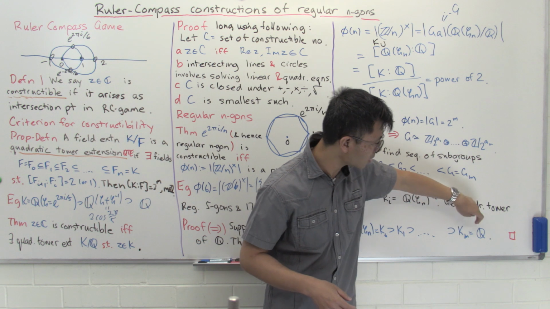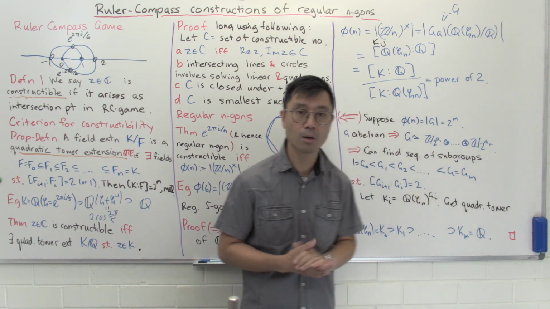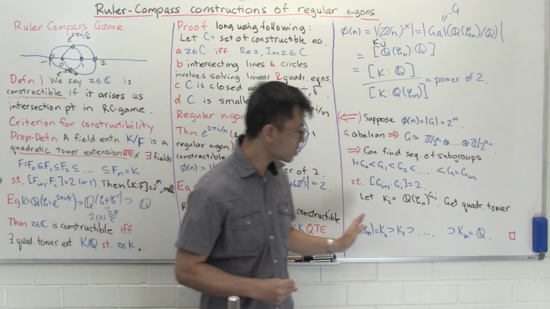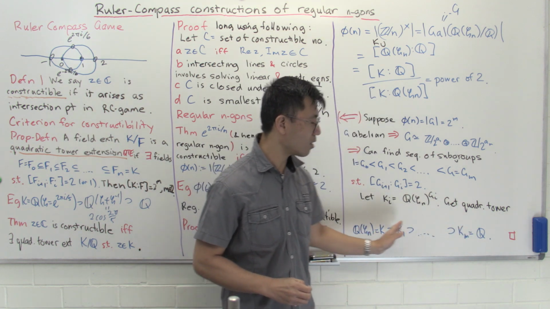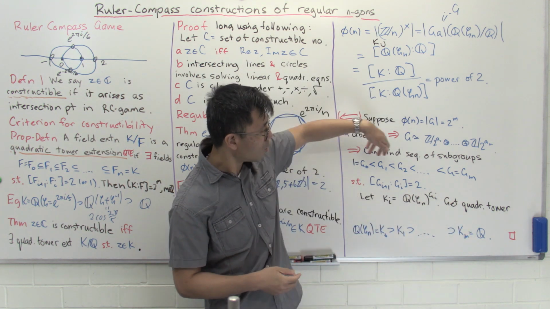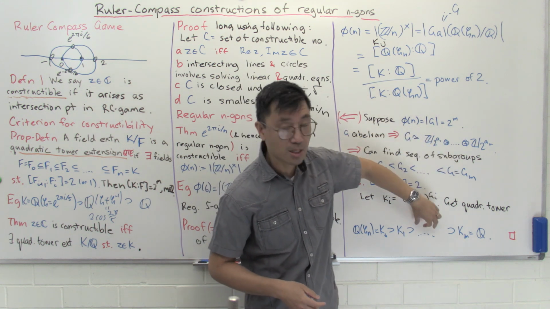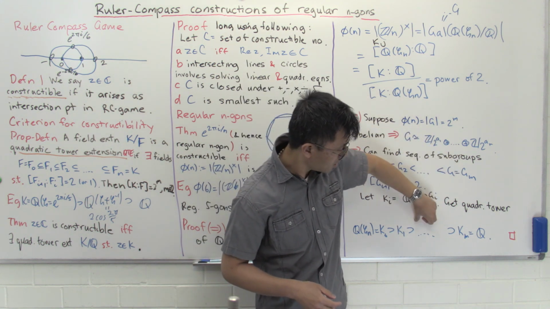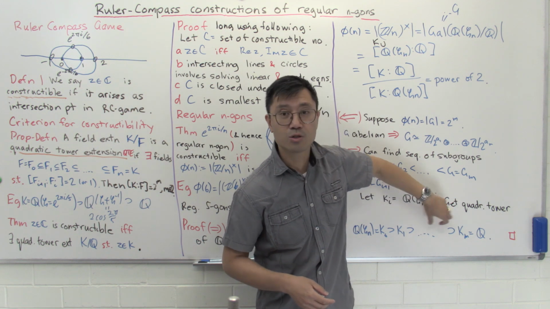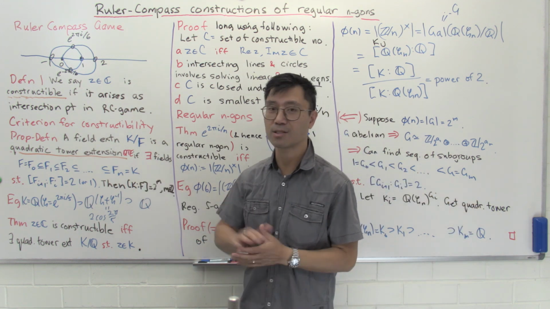What's fixed by G is the Galois extension, so this is going to be Q. So you've got this chain of intermediate fields, and because all these indices of successive subgroups are 2, the degrees of the successive fields are also 2. So you get a quadratic tower extension.